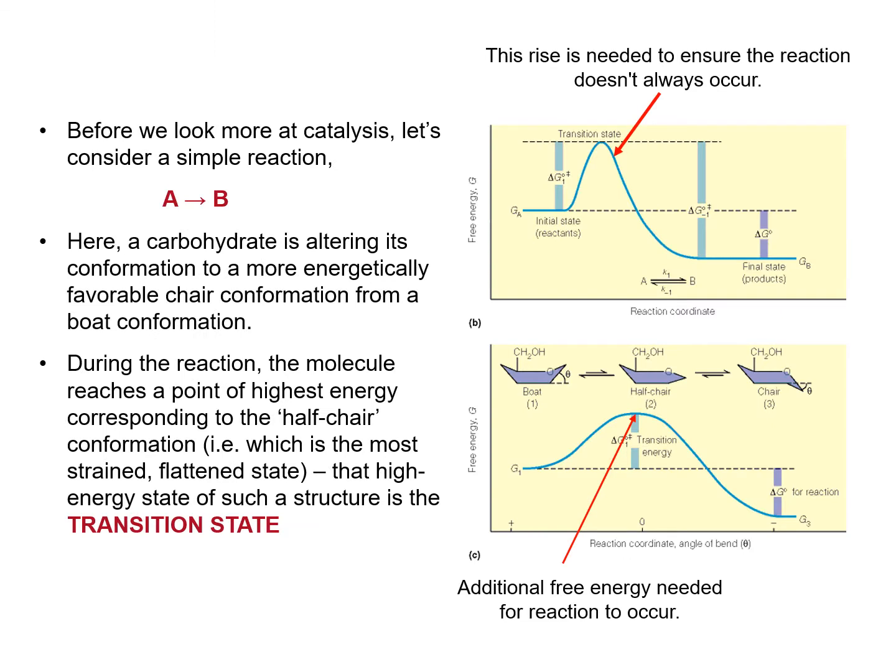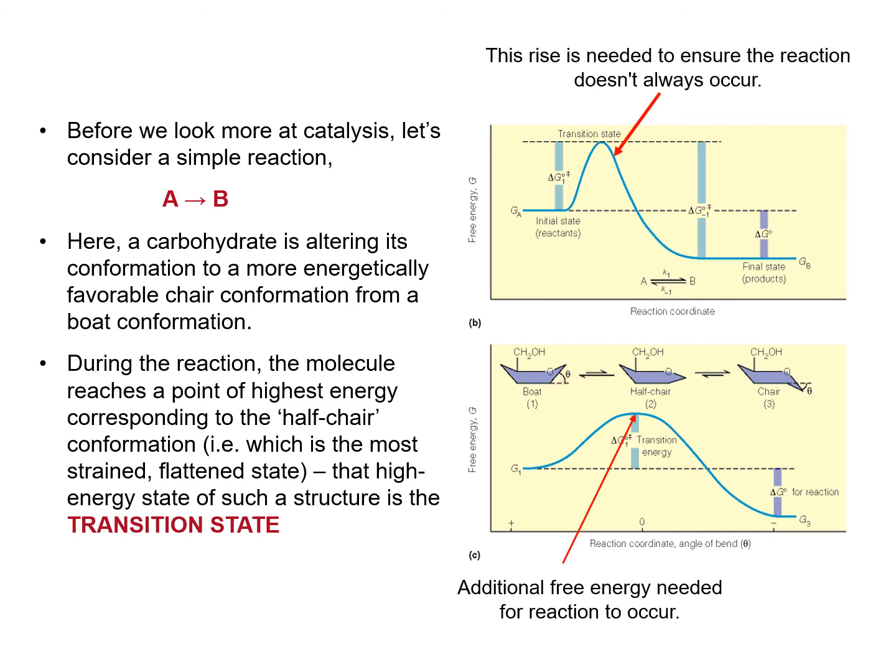Before we talk more about catalysis with more complicated reactions, let's consider a simple reaction where it goes from A to B. And an example that I'm showing you here is a carbohydrate that is altering its conformation from a boat conformation to a more energetically favored chair conformation.